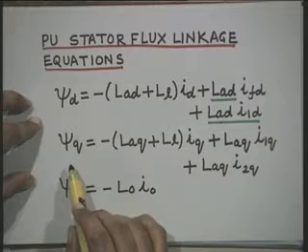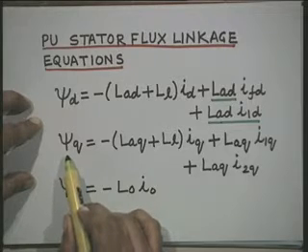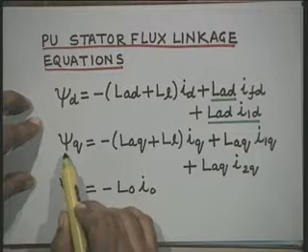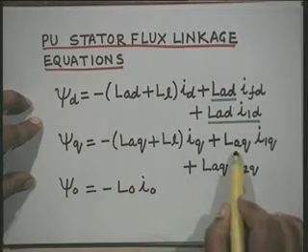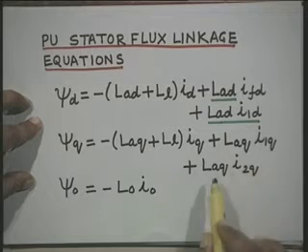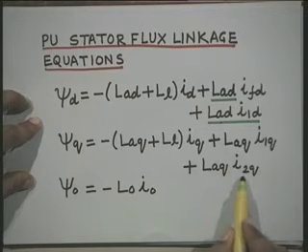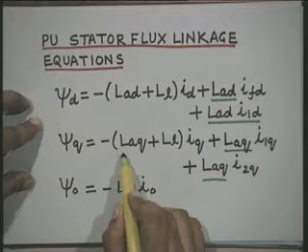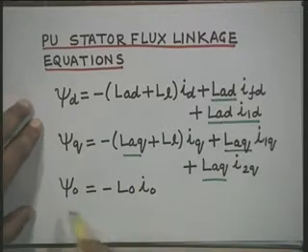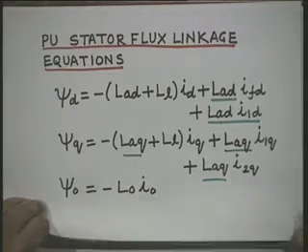Similarly, for quadrature axis windings, we have flux linkage psi q equal to minus (LAQ plus LL) IQ plus LAQ I1Q plus LAQ I2Q. Again these mutual inductances are all made equal. The last equation is the flux linkage due to the zero sequence currents.